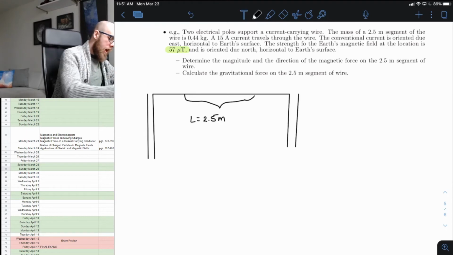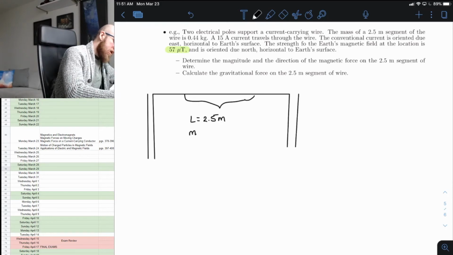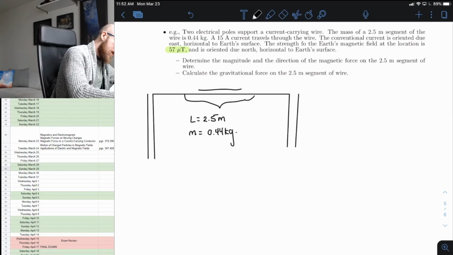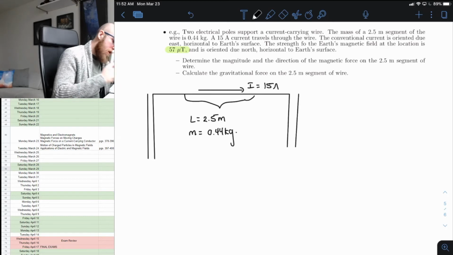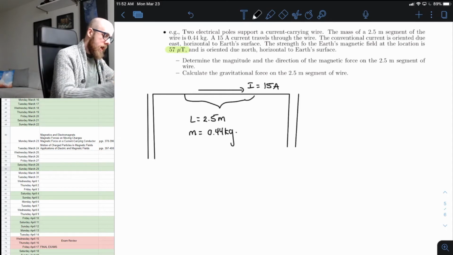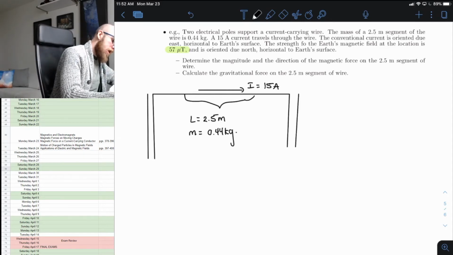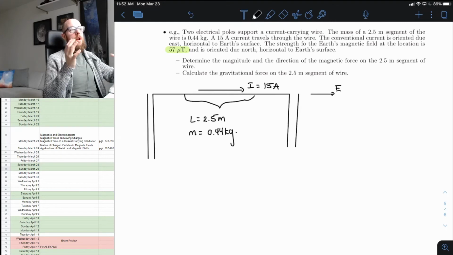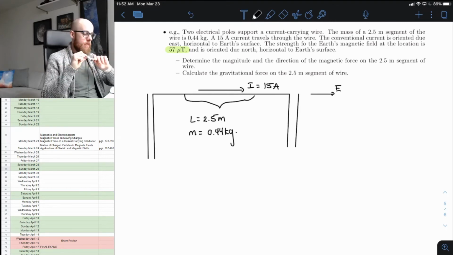Okay, and the mass on that segment is 0.44 kilograms. Within that wire we have a 15 amp current flowing through it. The conventional current is oriented to the east. Okay, so this direction here is east. And that'll be important because it'll tell us what orientation the force will be.